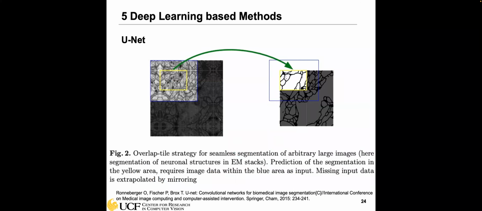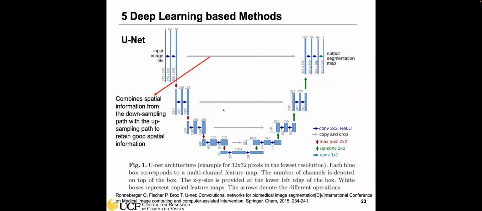And another thing in the U-Net is this overlap tile strategy. If you pay attention to their network dimensions, you may notice this. Look at their input tile dimension, the spatial one, it's 572 by 572. But their output segmentation map is a smaller size, 388 by 388.